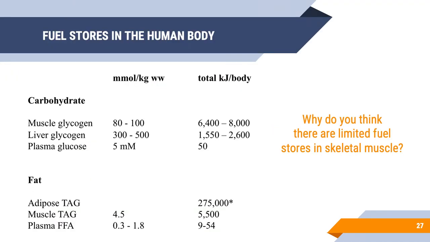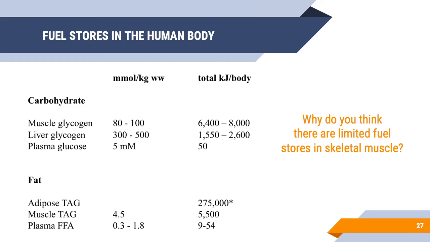Now thinking about the fuel stores in the human body, we should consider that carbohydrates can be stored in the muscle, that's our predominant store, the liver, the second most abundant store, and smaller concentrations can be stored in the blood. For fat, the main storage source is adipose tissue.